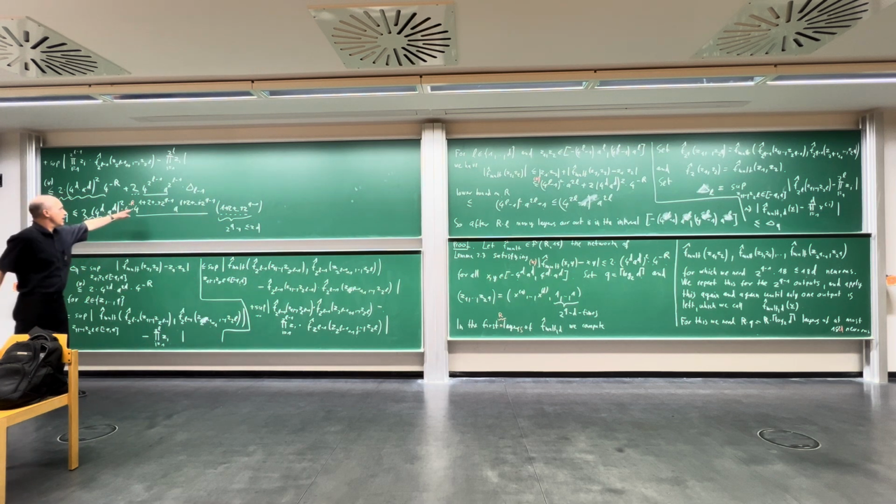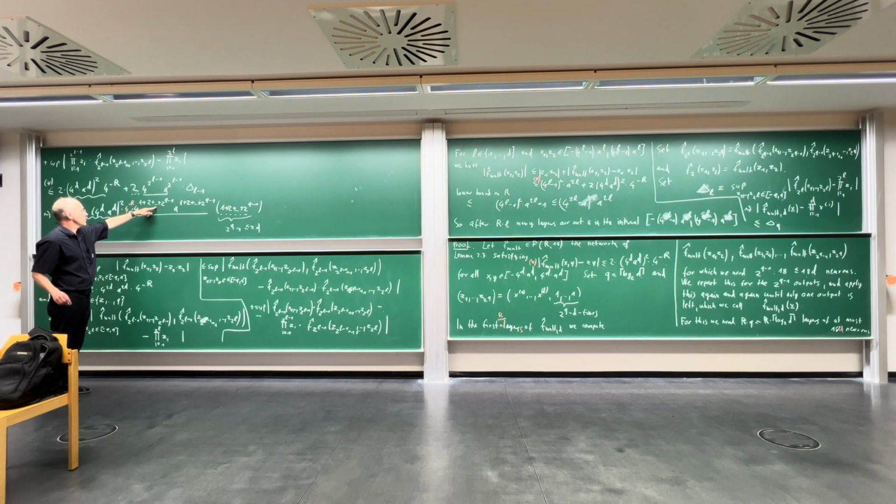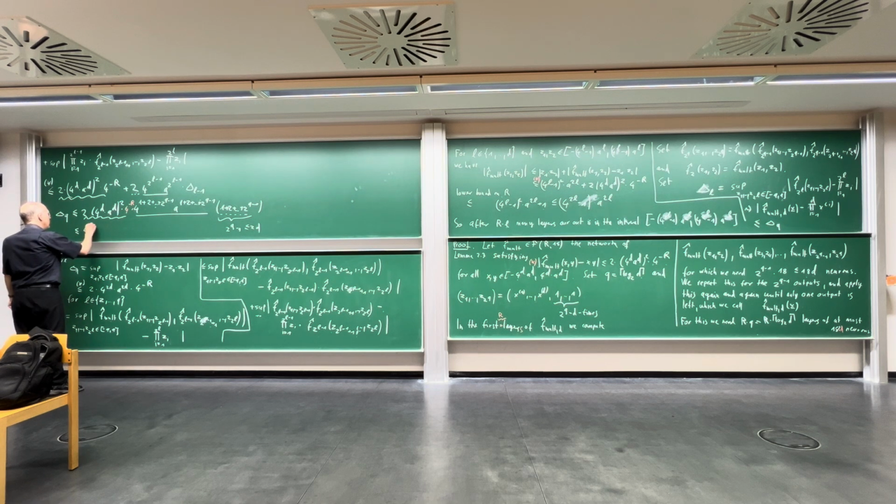So you think these guys are 2d, these guys are 2d, and then I have a 2 here with a 2 there, I make a 4, I add this 4 here. So I think I will end up with a 4 with exponent 2d, and I have an additional 4.